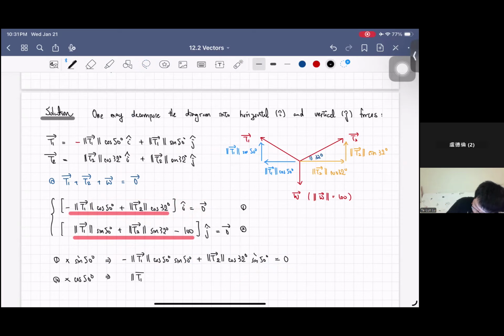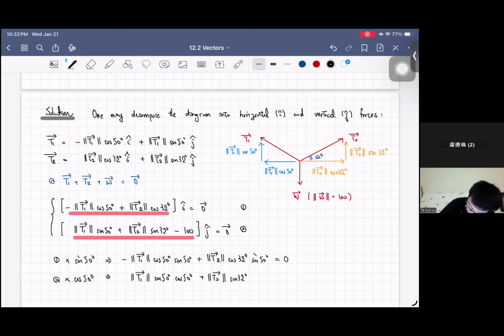Similarly, you have T1 sine 50 cosine 50 plus T2. I would recommend you try to keep the algebraic thing algebraic, meaning don't try to type in the calculator for now. First, get the expression for, in this case, T1 and T2 in terms of some algebraic representation, and then type that representation inside the calculator to formulate a sense of doing algebra.